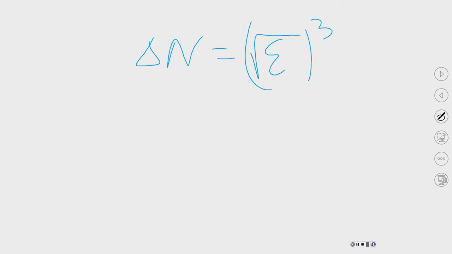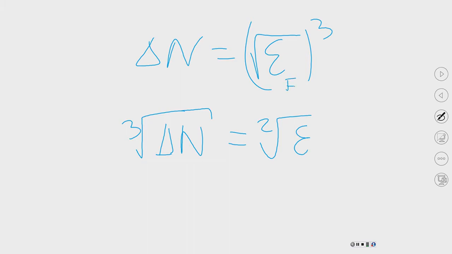What if you take the third root of both sides? And then take the square of everything.